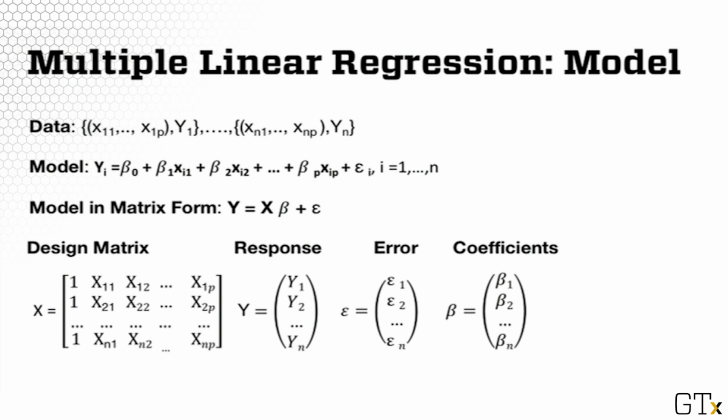We also stack up all the values of the response variable into one column matrix, the same as for the parameters, the betas, and the error terms. The matrix formulation of the model is, as on the slide, y equal to X, the design matrix, times beta, the vector of coefficients, plus the vector of errors, epsilon.